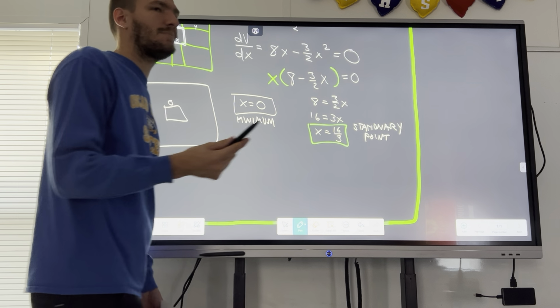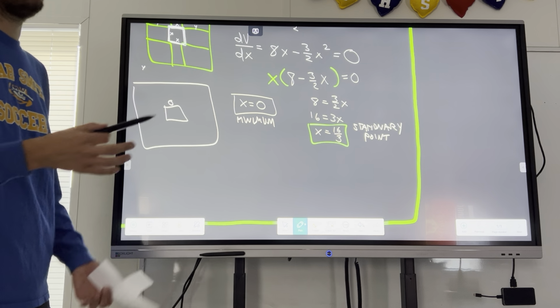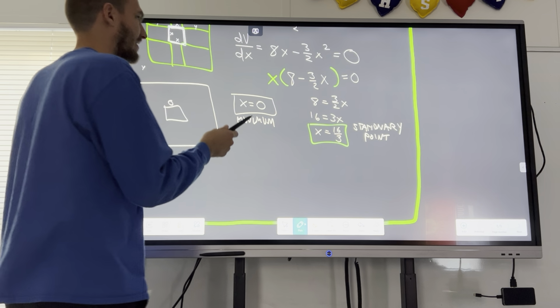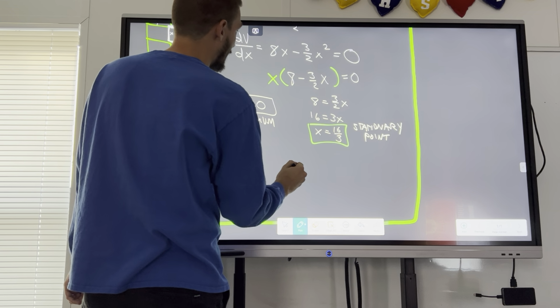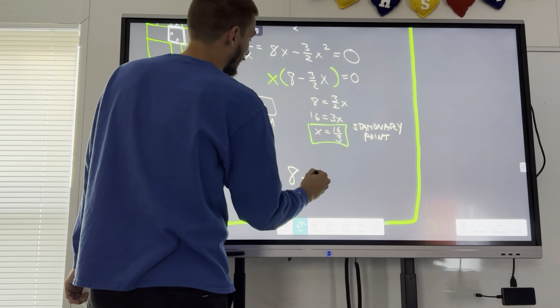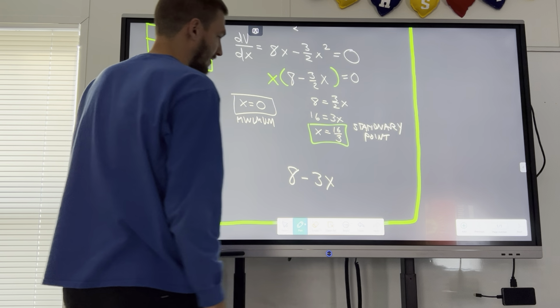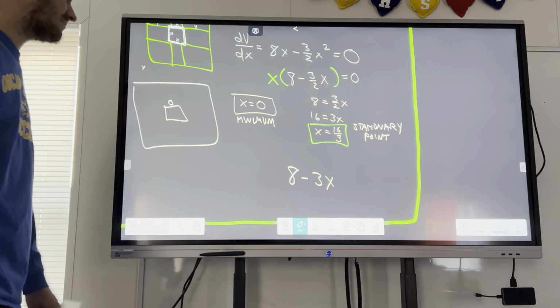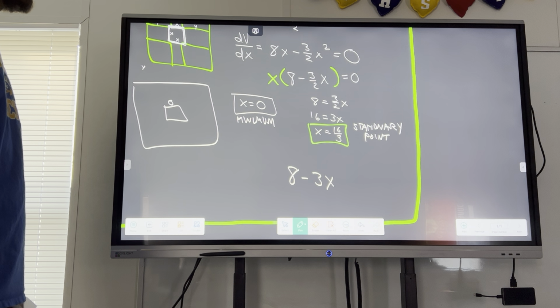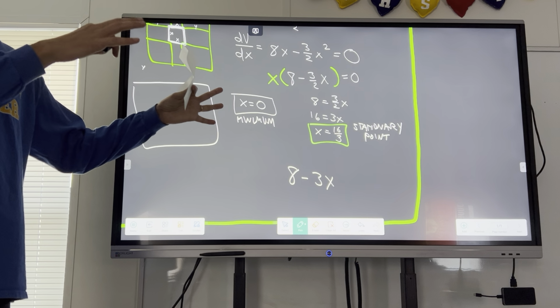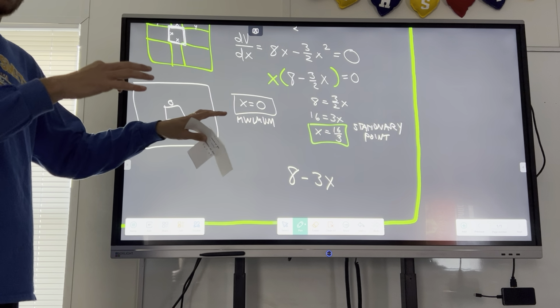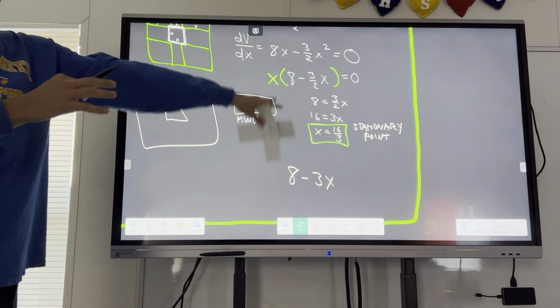Normally this is the easiest part of the question because the second derivative becomes very trivial, very simple. My second derivative here is going to be 8 minus 3x. Now that's my second derivative. That tells me where I'm concave up or concave down. I want to check that at the point that I found.